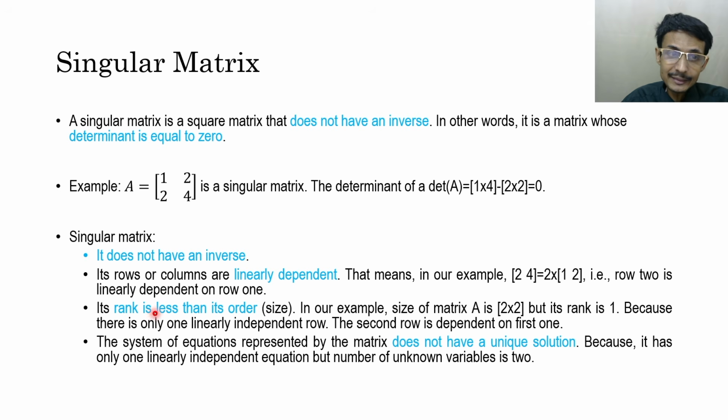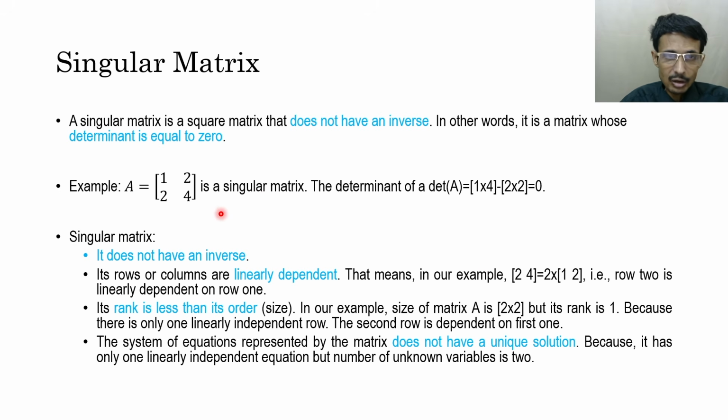So the rank is 1. Another important point: the rank is less than its order, because it is a 2 by 2 matrix while the rank is 1. So in our example, matrix A is 2 cross 2, but its rank is 1, because there is only one linearly independent row. The second row depends on the first.